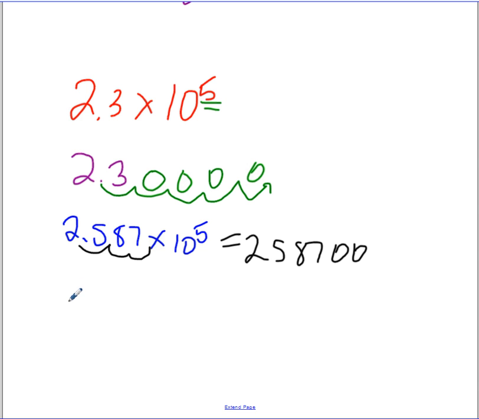Let's say that we had 2.3 times 10 to the -5 power. So again, negative's bad in my checkbook. So I have to make the number smaller. So we're going to move to the left. Notice since we're going left with our negatives, there's only going to be one number in front to move because that's the definition of proper scientific notation.